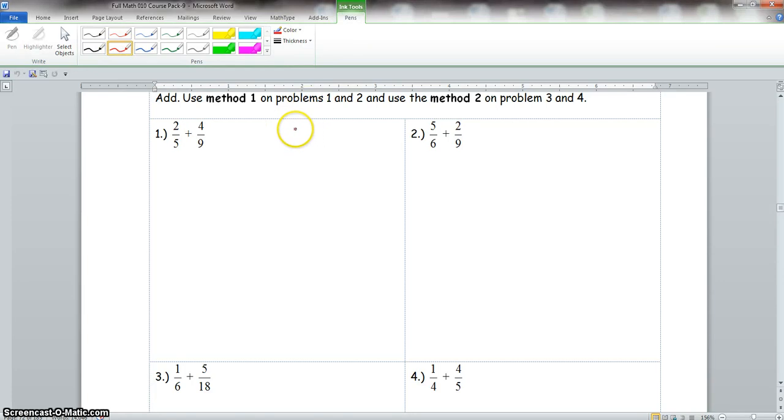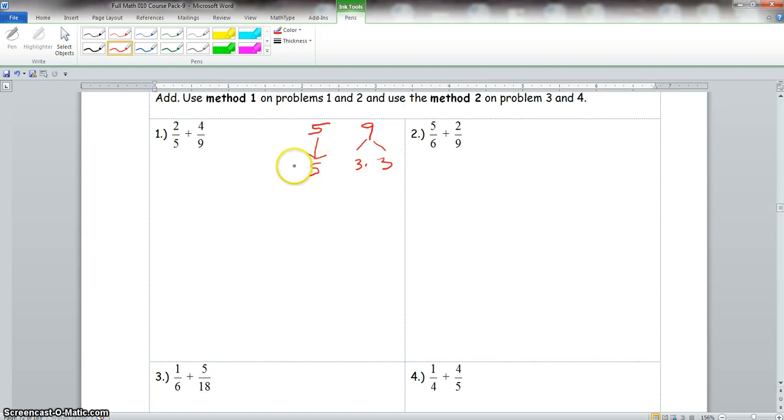Okay, now, we are going to do the prime factorization to find the common denominator. We have 5 here, we have 9 here. The prime factorization of 5 is just 5. The prime factorization of 9 is 3 times 3.